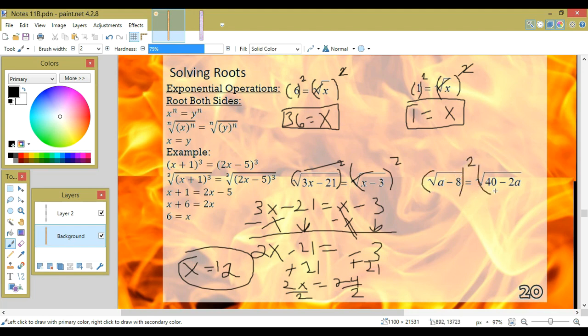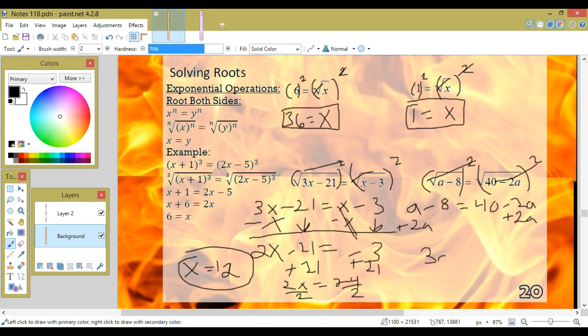We also square these to get rid of those square roots. To get rid of square roots, we take the square. To get rid of squares, we take the square roots. They are inverses of each other. They are opposites. Let's solve this equation.